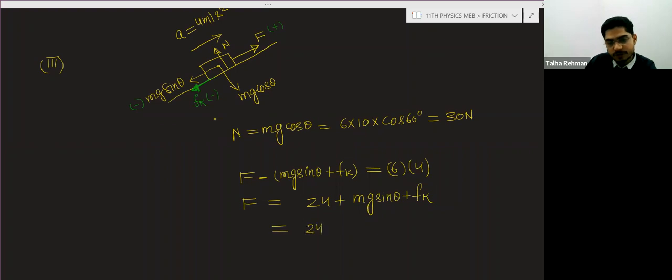Okay, so solve it. 24 plus... Both of you, solve it by yourself and tell me the value of the friction force. Just try it by yourself. Find the value of the force.